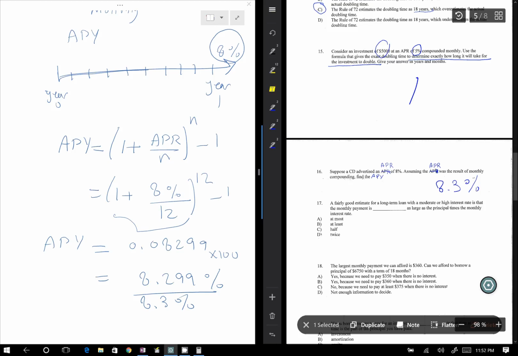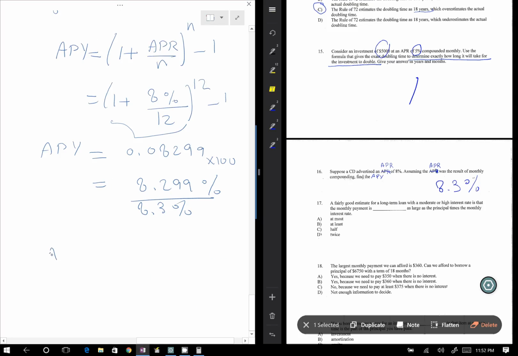So you see, with an APR of 8%, if it was compounded monthly, the actual APY was 8.3%. So compounding monthly increased the actual interest rate. And that's the point. Okay.